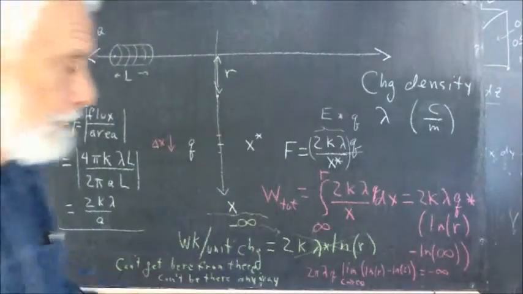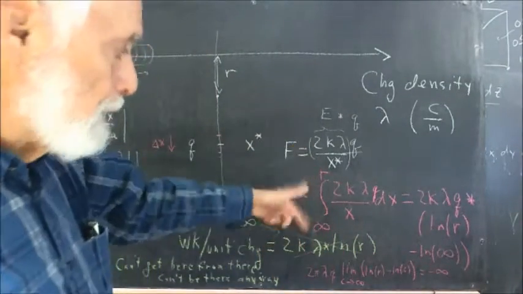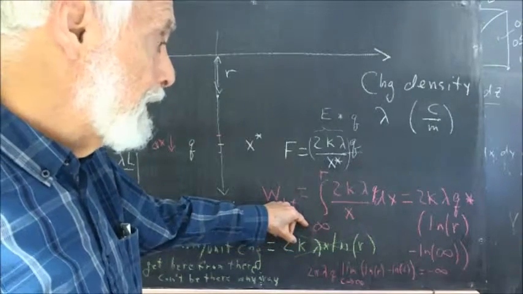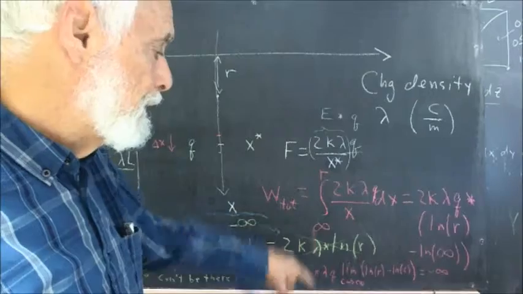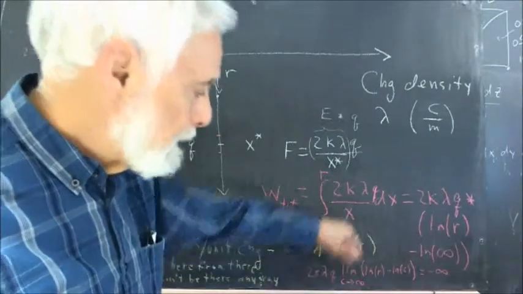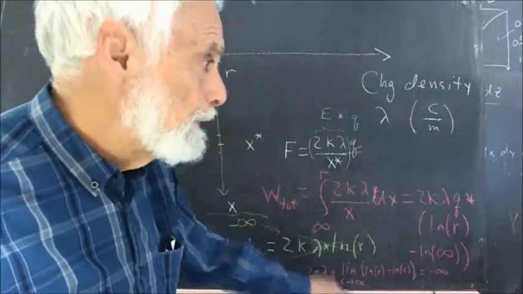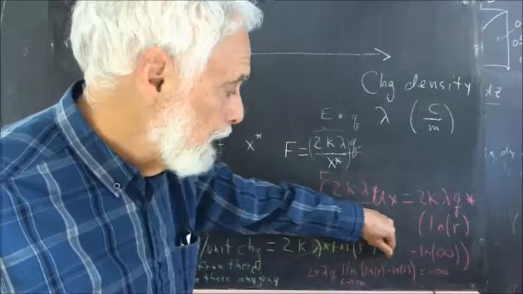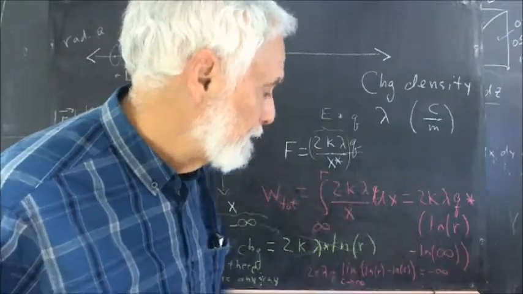Now, more formally, we do this improper integral by letting this limit be c and taking the limit as c goes to infinity. Well, we get 2 pi lambda q times the limit as c goes to infinity of natural log of r minus natural log of c.